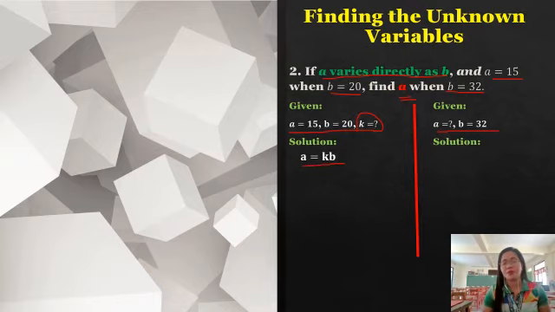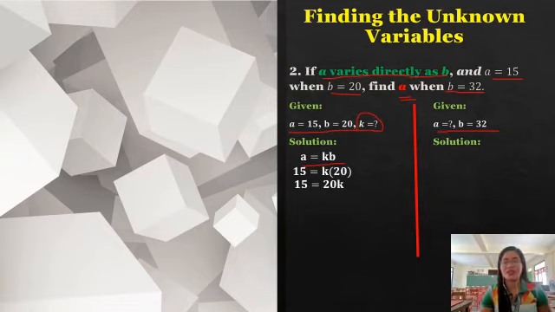Afterwards, we substitute the values of the variables. The value of a is 15, the value of k is unknown, and the value of b is 20. Then we simplify what is inside the parentheses, and k times 20 is 20k.